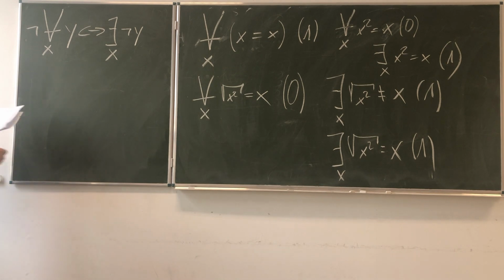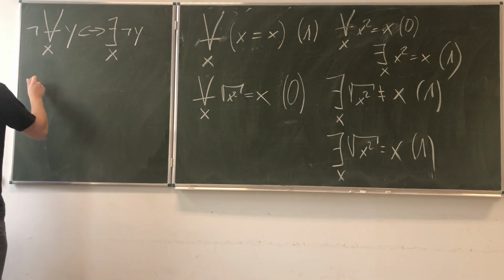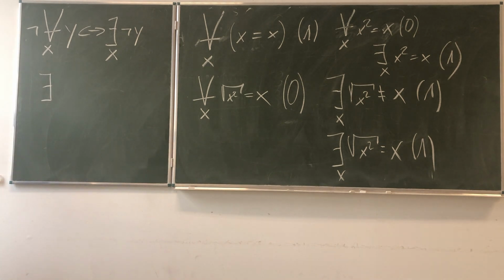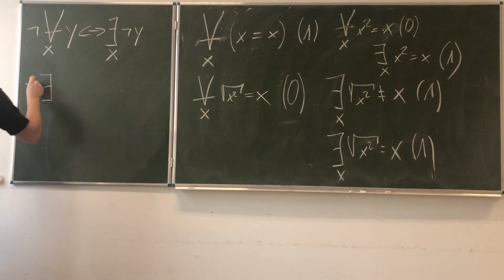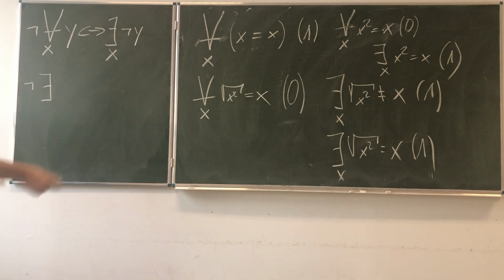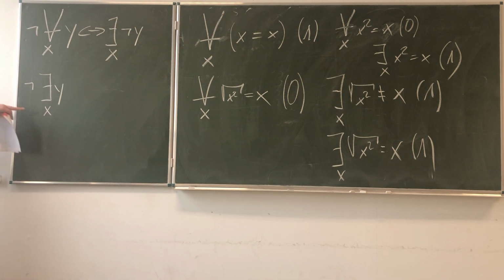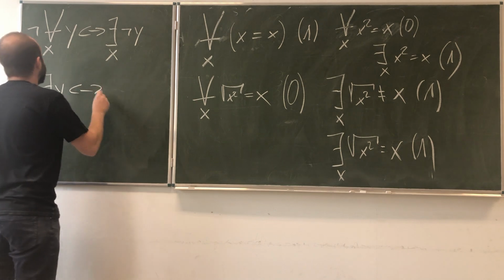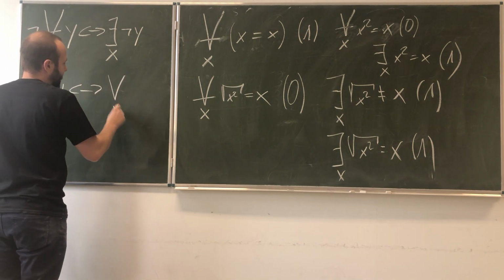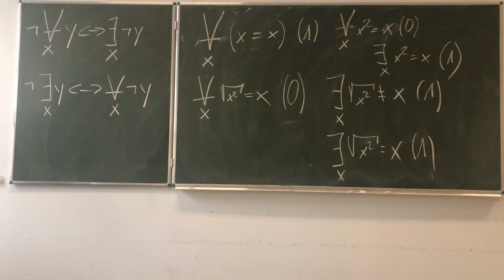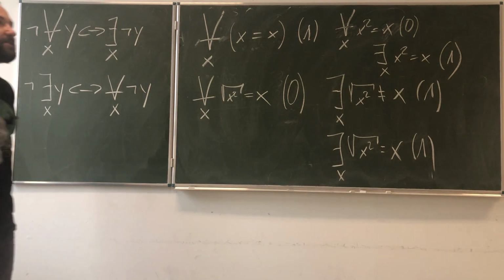Okay, and our final law is about the negation of the existential quantifier. If there does not exist such x then y, this is the same as saying that for every x, not y. Okay, and this is everything.